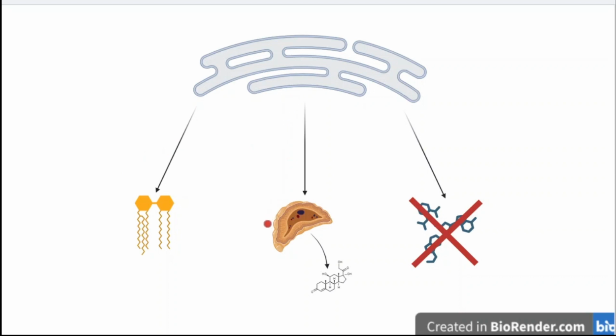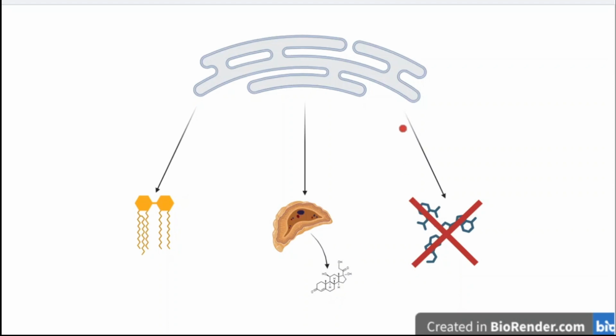Then what you can see here is the adrenal cortex. The adrenal cortex has cells with smooth endoplasmic reticulum that are important for synthesizing steroids. This is the same for gonads, so testicles or ovaries. These gonads also have cells that are important for the production of steroids or steroid hormones.